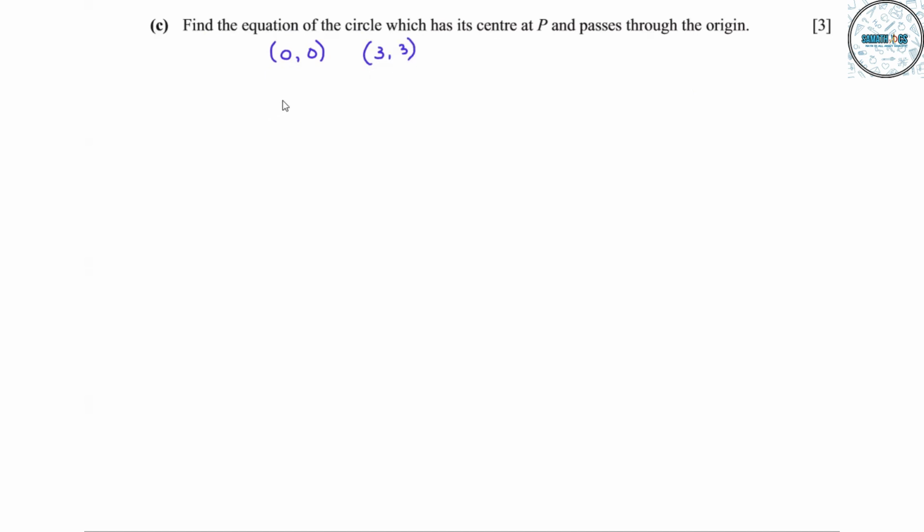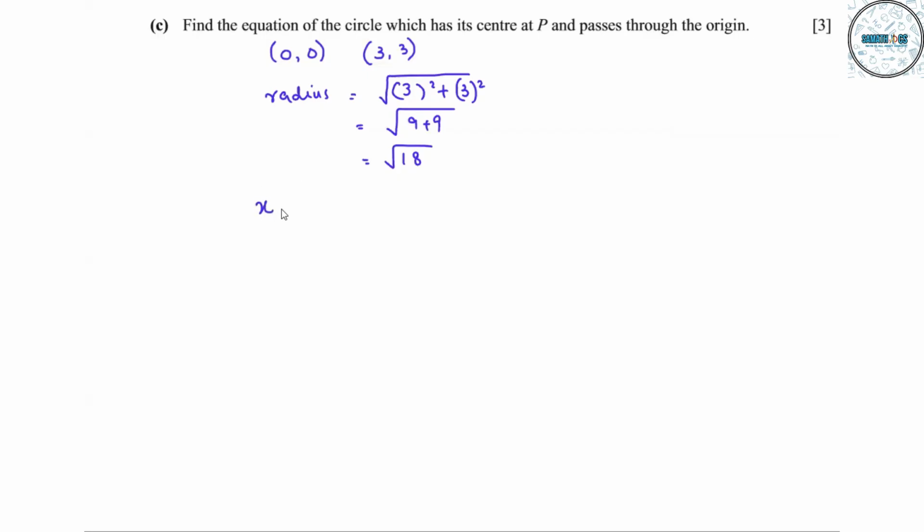We will take out radius using these two coordinates. 3 square plus 3 square, which is 9 plus 9, is equal to under root 18. So now we can form the equation of the circle which is passing through the origin, and P is a center.